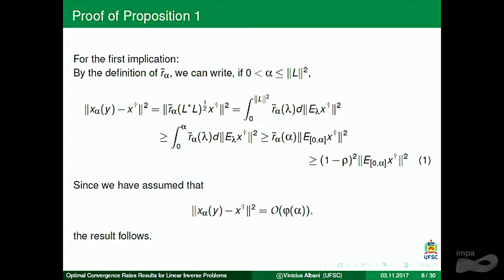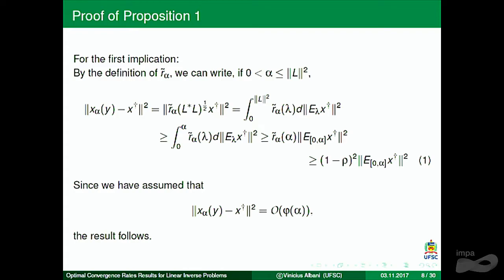The proof is quite simple. For the first implication, we just rewrite this estimate as the application of this R tilde to L star L and write this down as this integral.